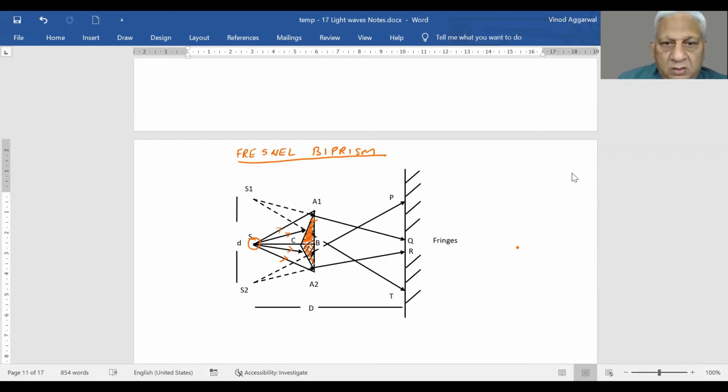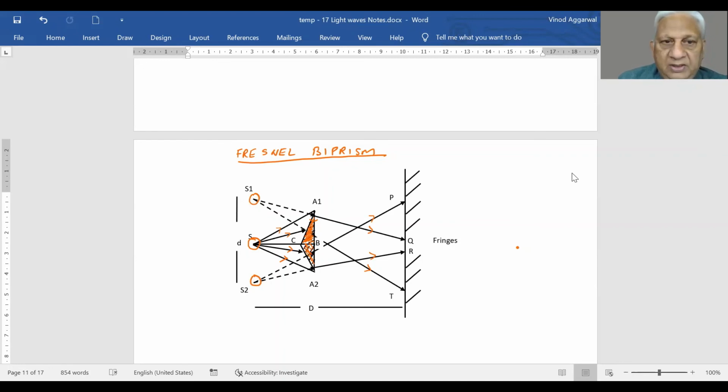Now, when you see this ray diagram, these are real rays. But if you extend them back, they seem to be coming from here and here.